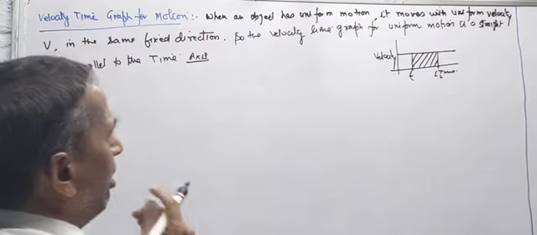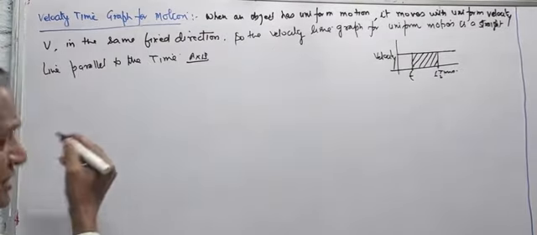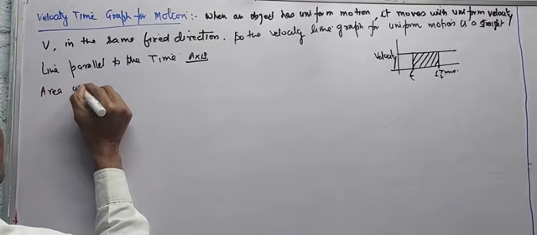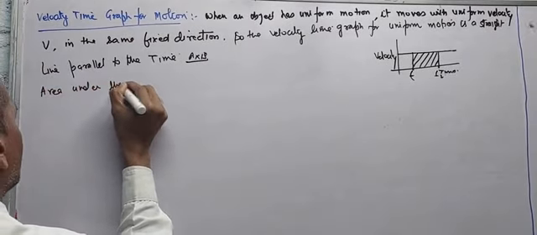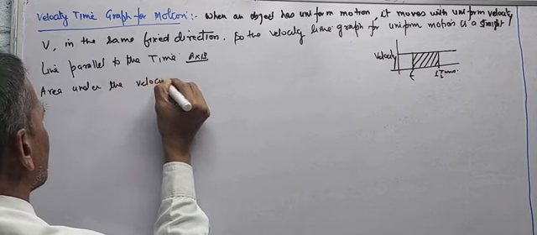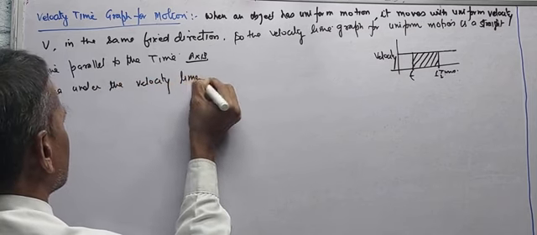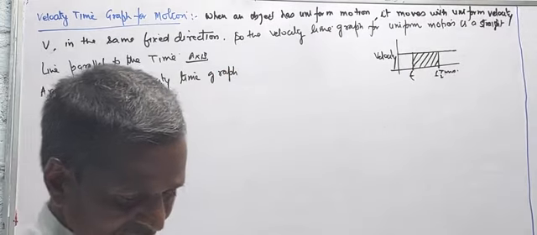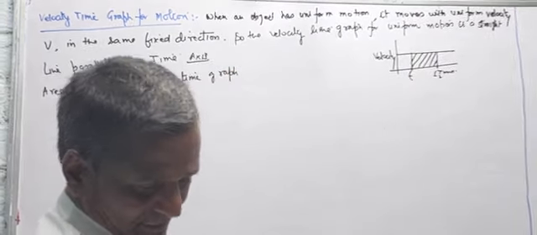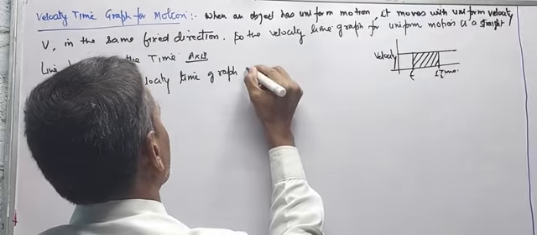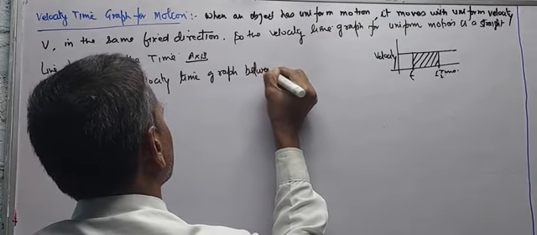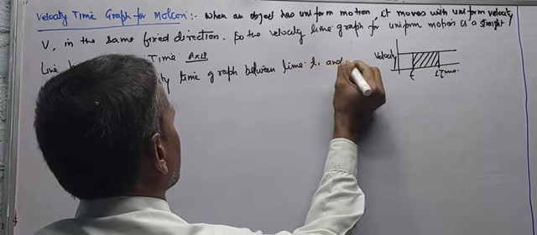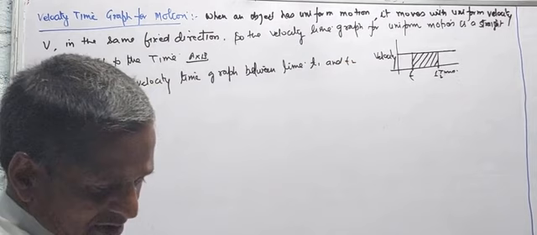Area under the velocity time graph between time t1 and t2, we take perpendicular area under the velocity time graph.